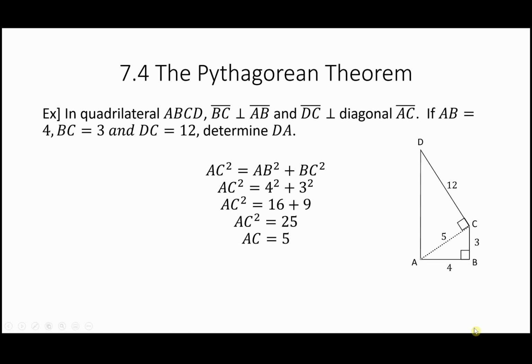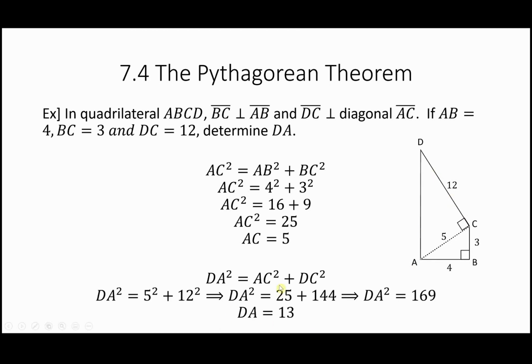So if AC is 5, we can add that to our figure. I think that would be helpful. Now focus on right triangle ACD. With the incorporation of this diagonal length, it has two of its leg lengths known, and they are 5 and 12. That reminds me of another Pythagorean triple: 5, 12, 13. So you could go straight from there to determine that DA, the hypotenuse of the larger right triangle in this quadrilateral, is of length 13.